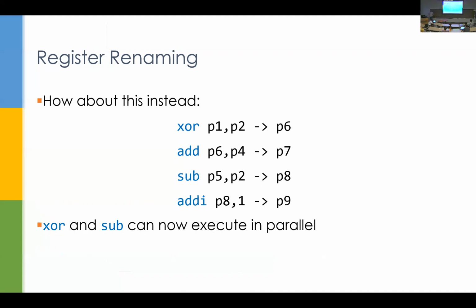So we are no longer in that R3 conflict, right? So now XOR and sub can execute in parallel. So you can execute the first two lines sequentially, the last two lines sequentially, but these two and these two can be executed in parallel. They don't depend on each other.